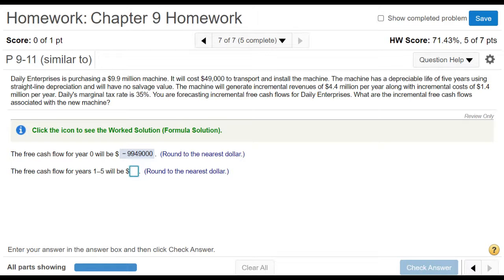Once we get that answer, we say 1 minus 0.35. After we finish with that answer, we're going to say 9,949,000 divided by 5. That answer we add to the answer we've got.